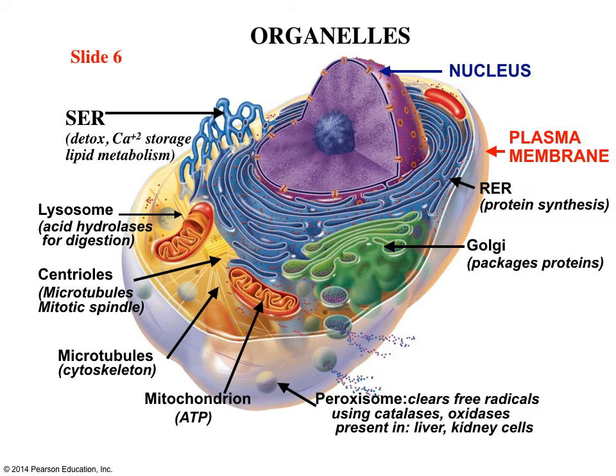Centrioles are composed of microtubules. We'll see later that microtubules form the mitotic spindle during cell division. Golgi apparatus packages proteins. It receives proteins from the rough ER, repackages them, and perhaps sends them out in the form of exocytosis.